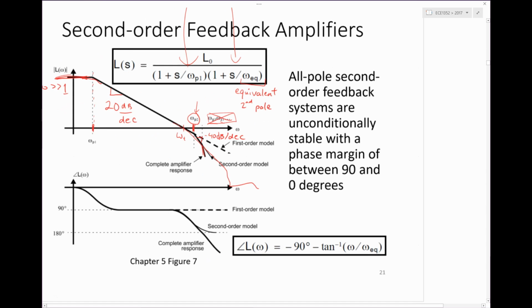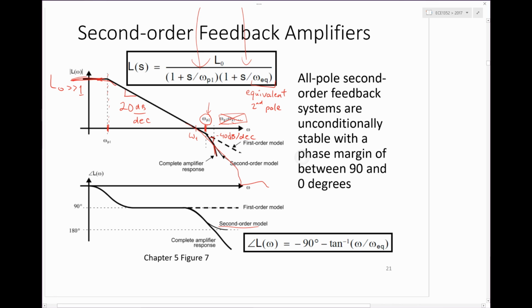So, here's our second order model. And we can find the phase margin pretty straightforwardly by making this assumption. This is a bit of an approximation, but it's a very good approximation, as long as omega p1 is way less than omega t. As long as that's the case, then the phase contribution of omega p1 is going to be basically minus 90 degrees.